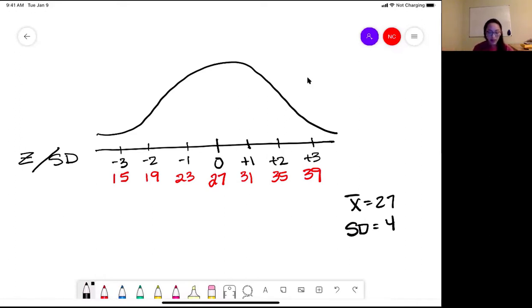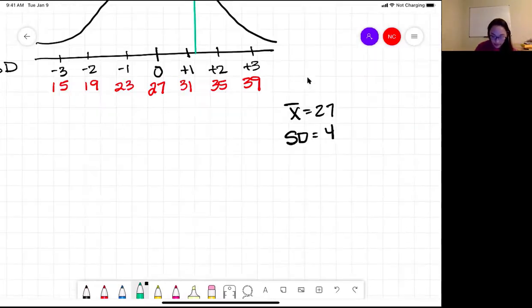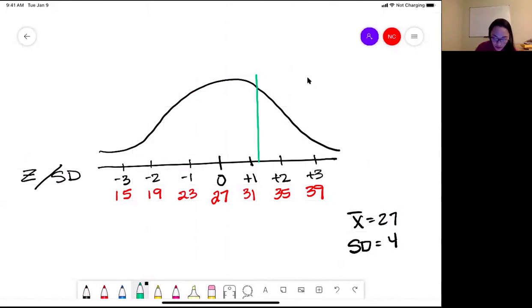So let's say I'm interested in finding the percentile for a person with a raw score of 32. For the purposes of this example, 32 likely exists at about that area, if we divide how far apart 31 and 35 are. So X is our raw score and it's equal to 32.